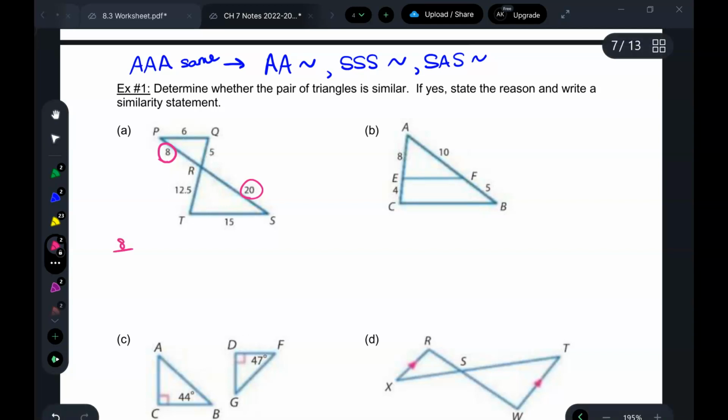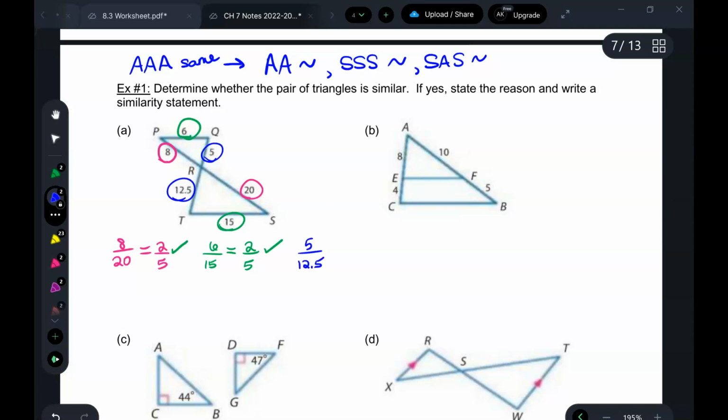So let's look, 8 over 20. So divide both the top and bottom by 4, so 2 over 5. Okay. 6 and 15, so divide by 3. 2 over 5. Okay, so far we're good. We have 2 sides matching. So now we'll check the angle.